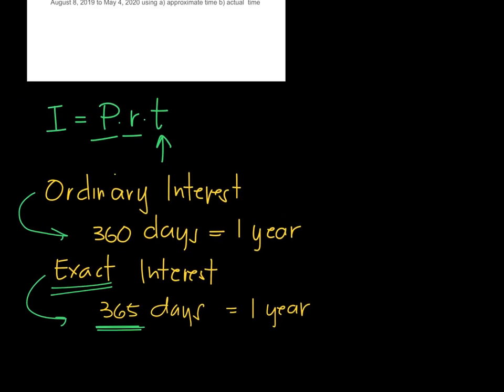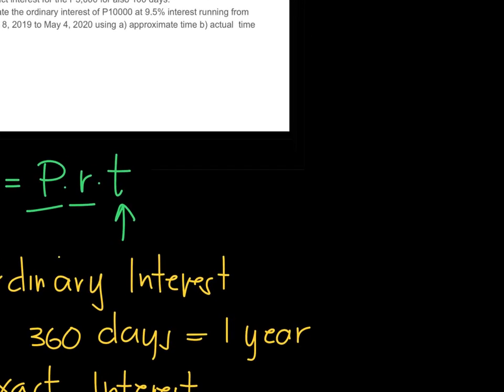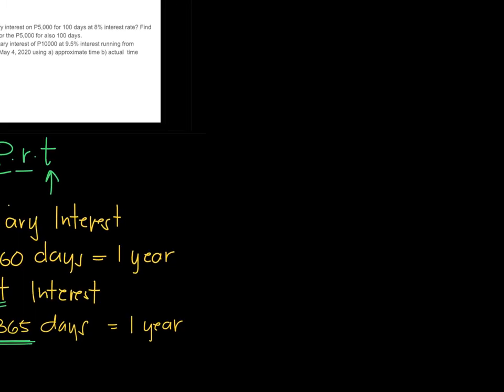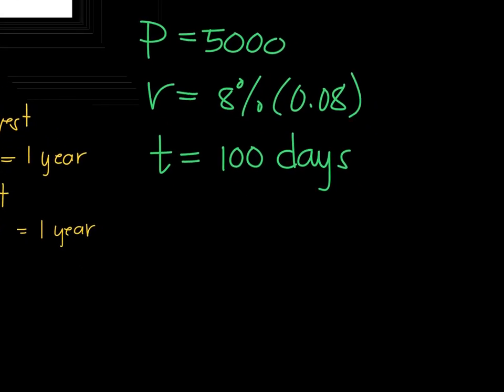Okay, so again, going back to the problem, the principal amount is 5,000. The rate is equal to 8%, so that means 0.08, and then the time is 100 days. So we apply the formula.